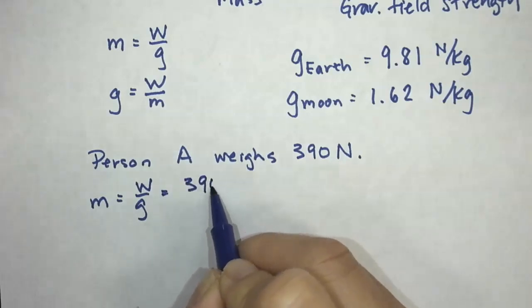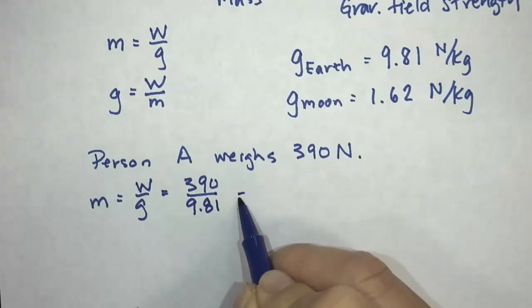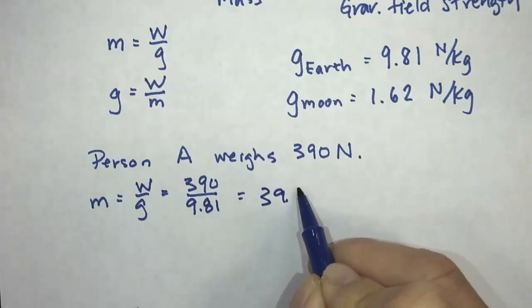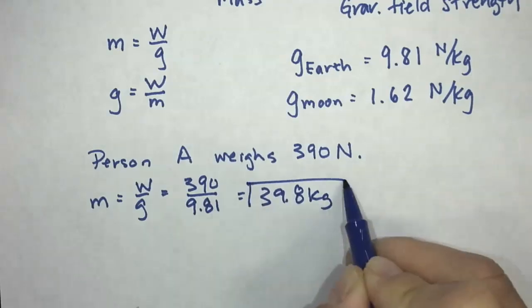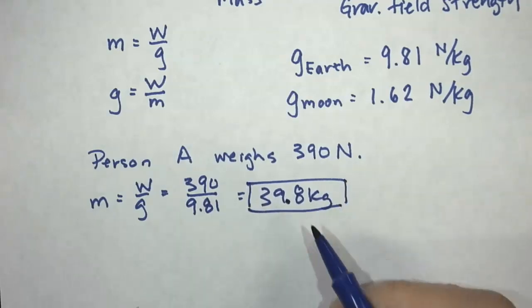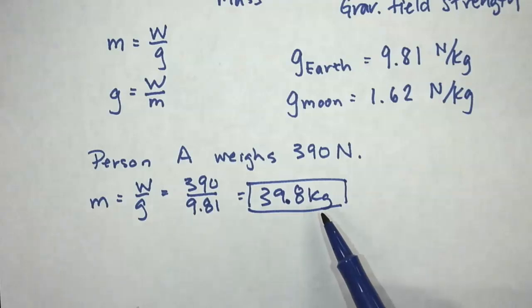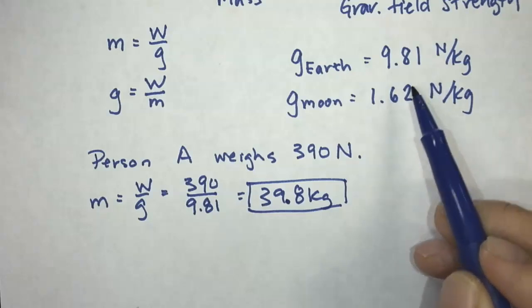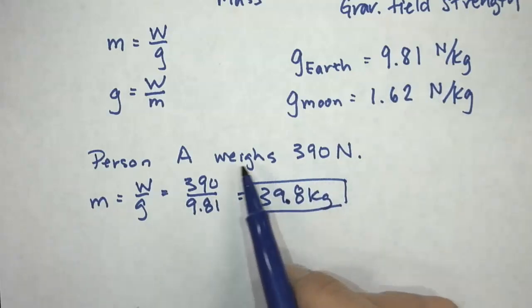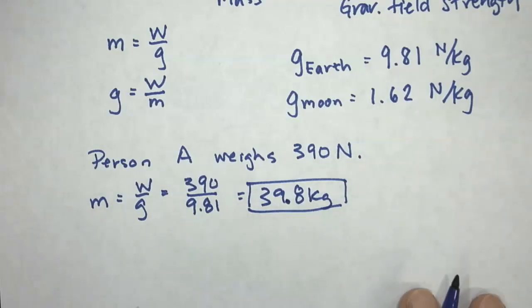So 390 newtons divided by 9.81, and we get 39.8 kilograms. Just to review here, the mass of an object doesn't change if you go to another location, but the weight of an object can change if you go to another planet where the gravitational field is different. So if person A, who weighs 390 newtons, goes to the Moon, their weight would be much less.